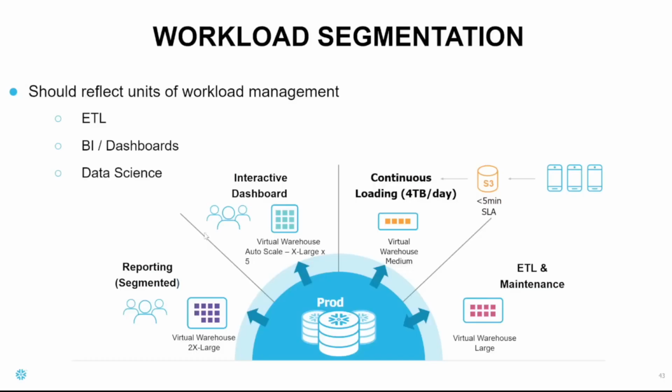Now, you could create multiple warehouses for different types of activity. Here, your data is at a central location, which is your prod database. Somebody is doing reporting out of the data, somebody is creating an interactive dashboard, there is an ETL process running every day, and then there is ETL and maintenance work.